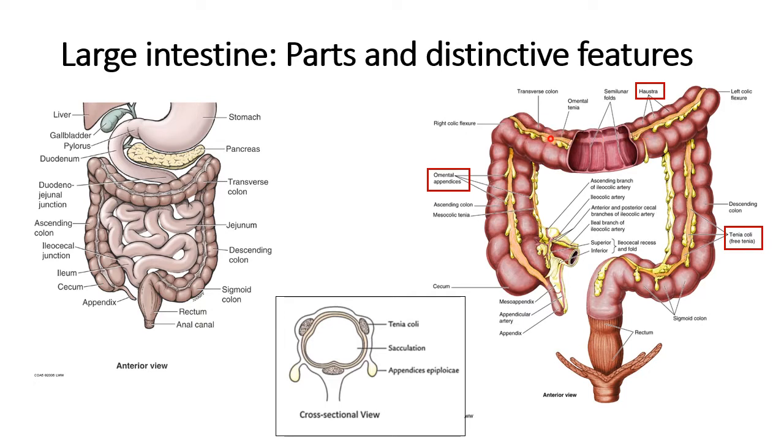Tinea coli is much longer, and that's why for the tinea coli to accommodate the whole length of the colon, the colon has to be shortened a little bit, compressed a little bit, and that's why these bulging will appear. One thing that I missed that belongs also to the large intestine is this appendix. So it's an appendix of the large intestine attached specifically to the cecum.